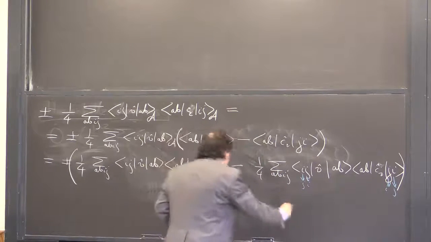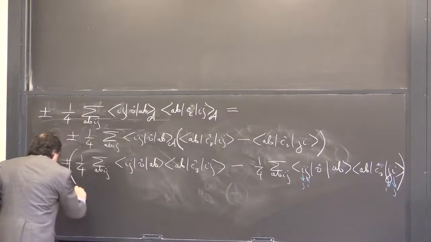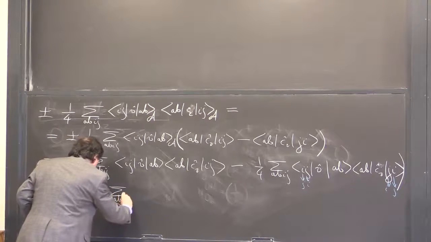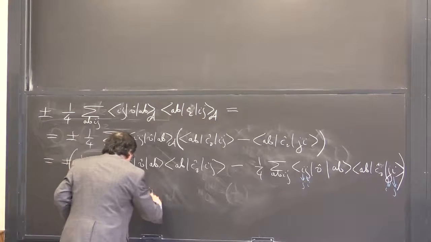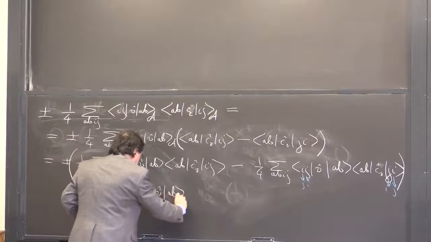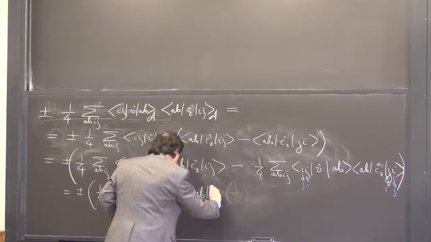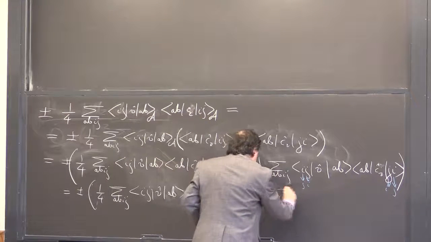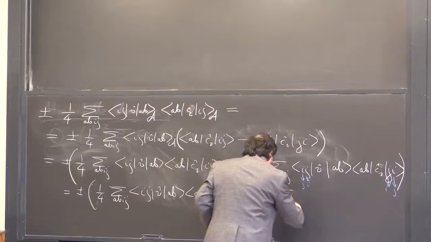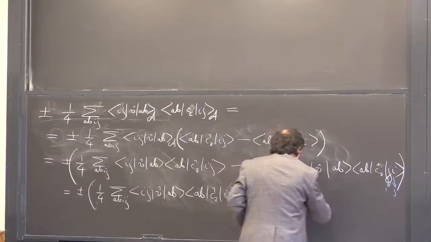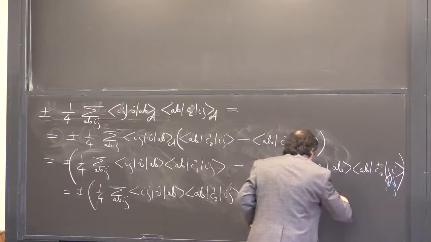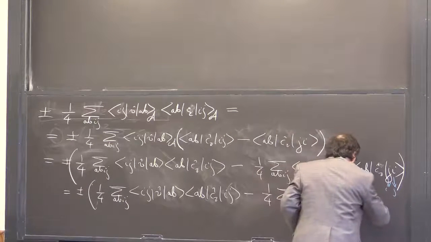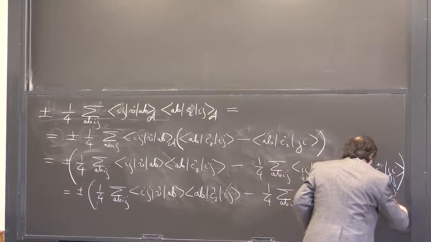So after the rewrite, this is going to be plus or minus 1 over 4 sum over AB ij, ij v AB times AB C2 ij, minus 1 over 4 sum over AB ij, then you have ji v AB times AB C2 ij.